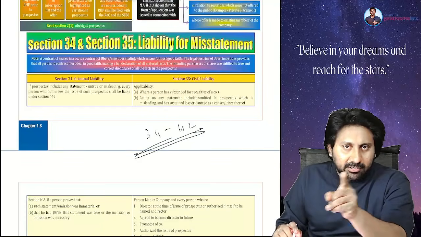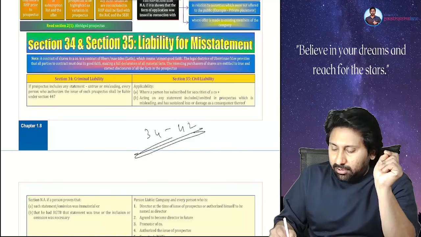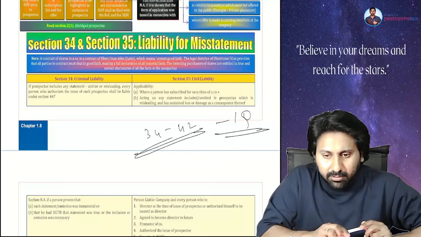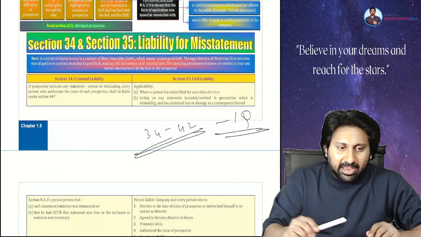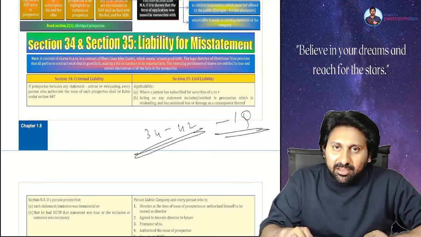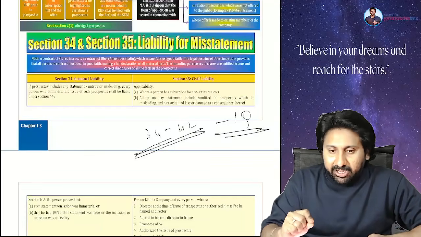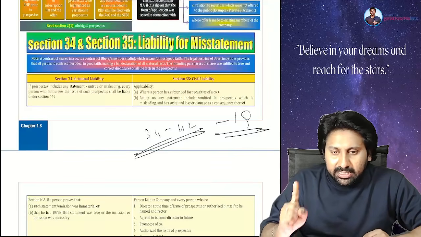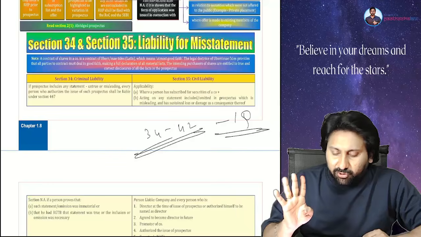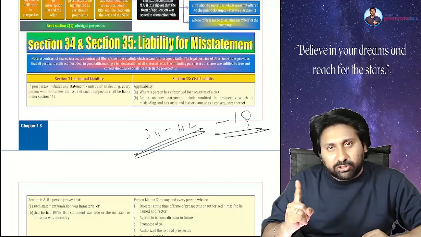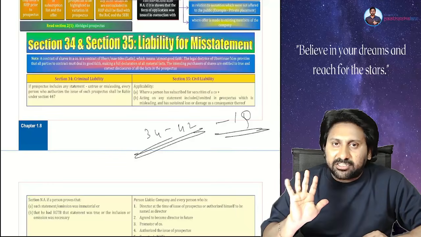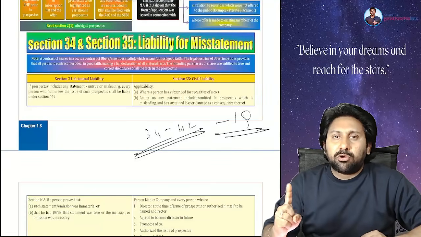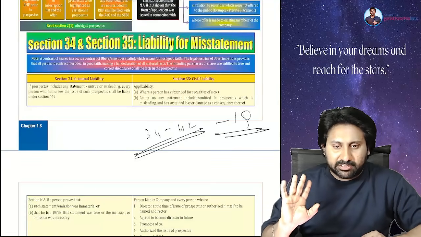Mark my words. We will meet on exam day again. One question will come from this. Again, I am repeating without my mistake. 34 to 42, one question will come. 31, 32, 33, one question will come. So, 5 kinds of prospectus are there. From that, one question will come. From this, one question will come. Totally, prospectus will come for 9 marks.